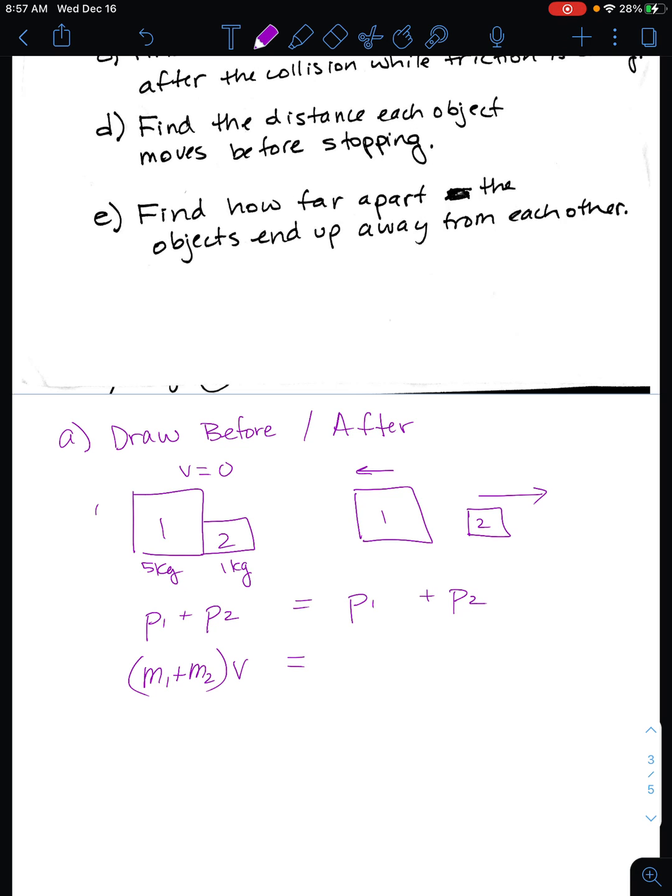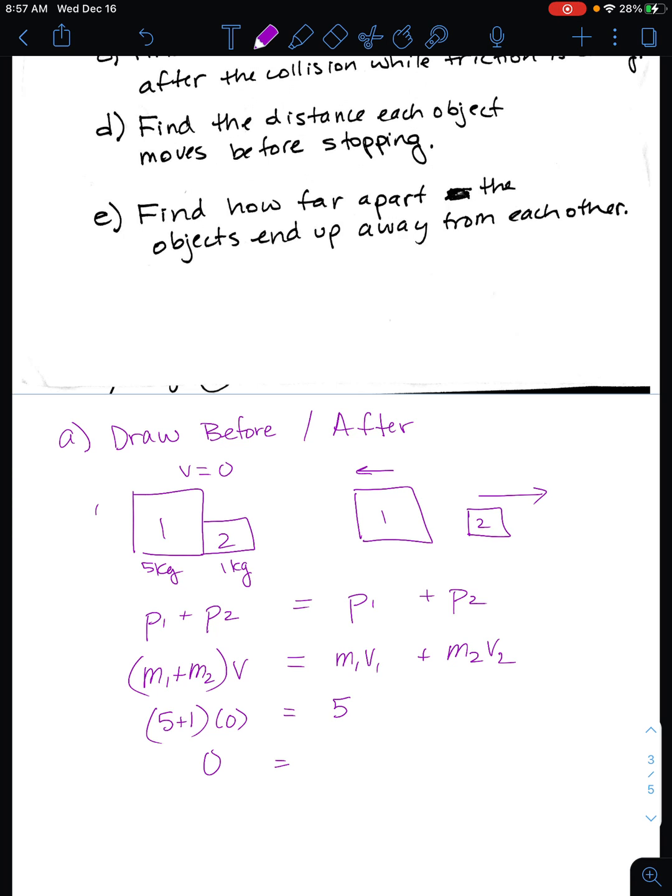And after the collision, they separate. So m1v1 plus m2v2, we have to take care of the momentum of each one separately and then add them together. And so we could put in here 5 plus 1 times 0. It's just going to start off with a momentum of 0.